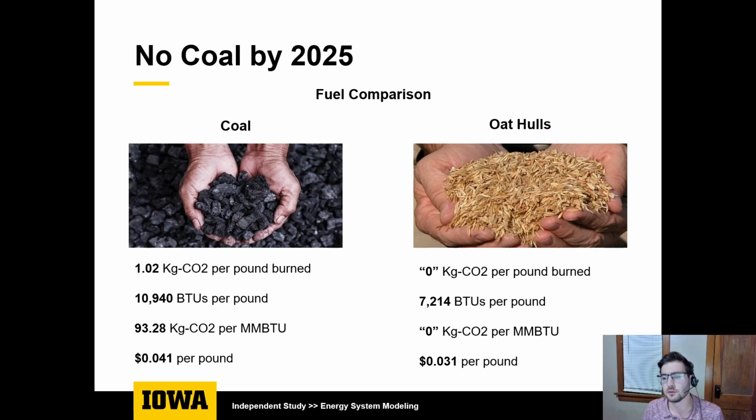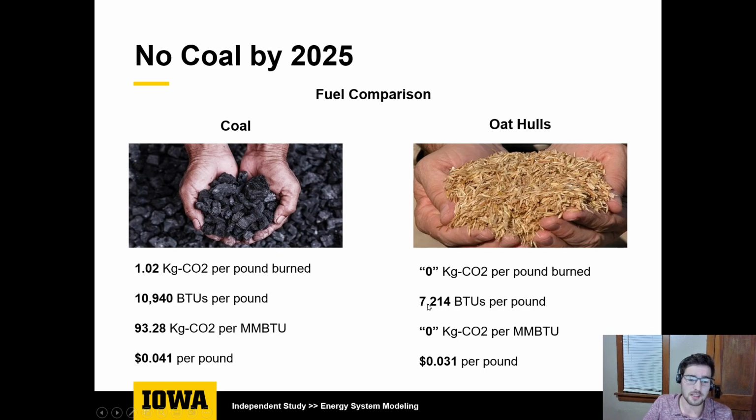So Quaker Oats would have these as a waste, and they would have to pay to put them in a landfill. But what they worked out instead was sending them to the power plant at the university, and we burn them for energy. So they used to be free, but now biomass is growing in popularity, and so we pay this much per pound for them. So they're cheaper than coal, actually.